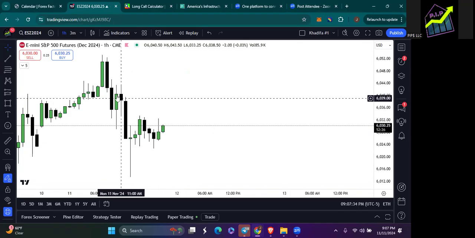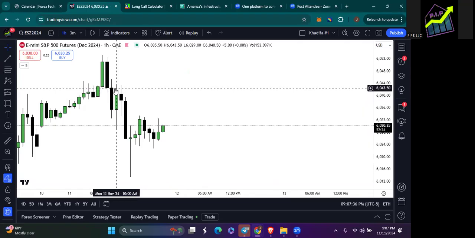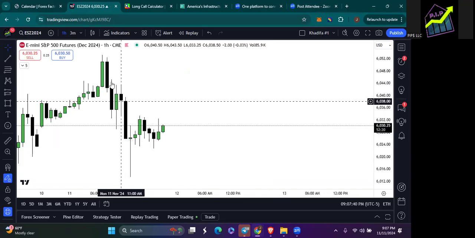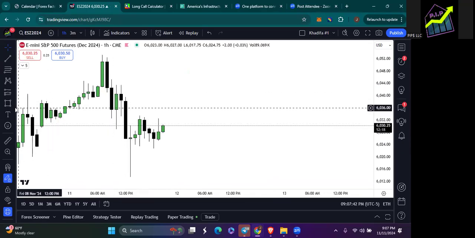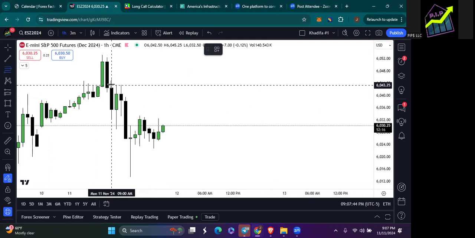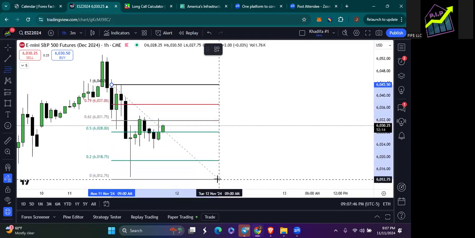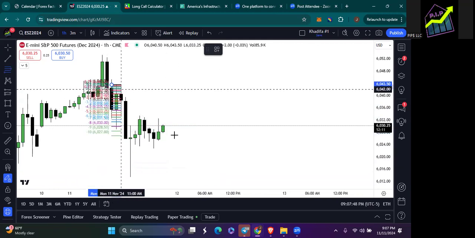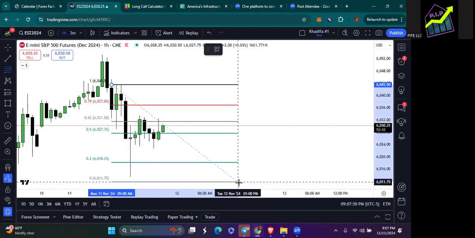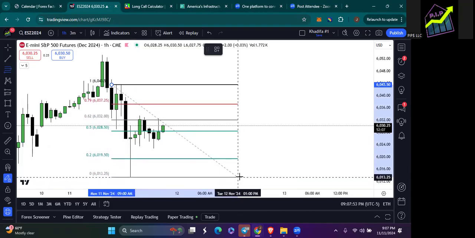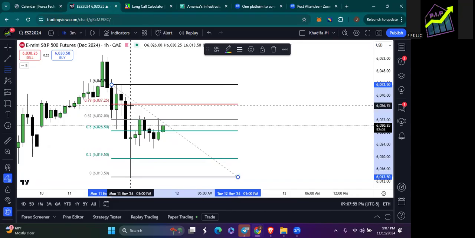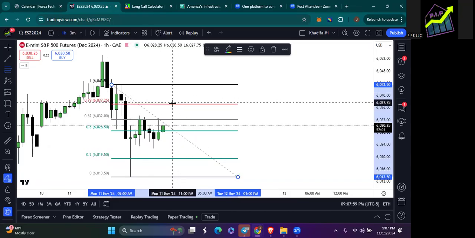I will wait for price to get as close to where my stop loss would be, up into premium of this move down, which if you put your fib on this move down from the high of that last up candle to this low, look at your premium level. That would give you 79 around here. So I wouldn't even be interested in taking this short until price got up into here, right?